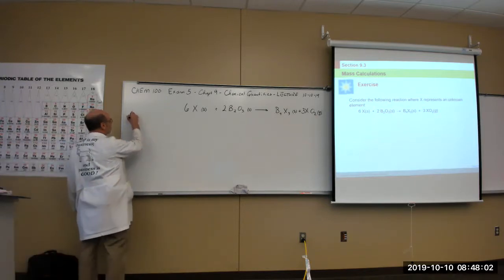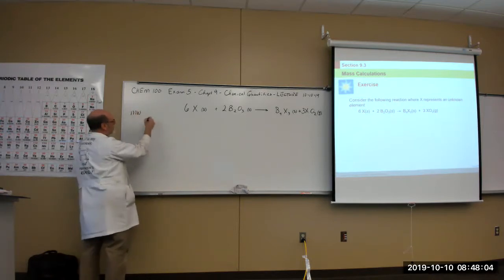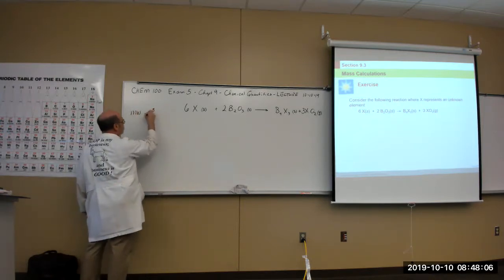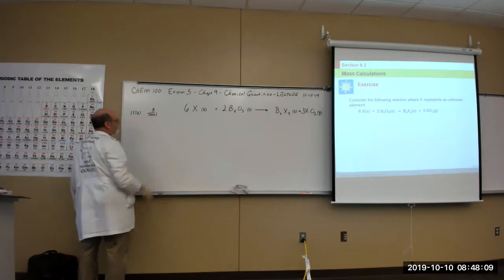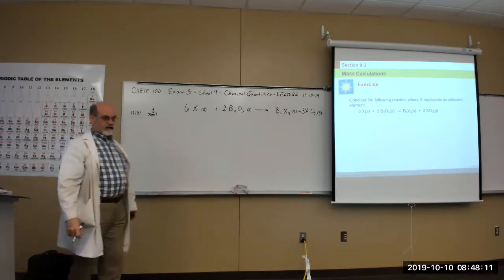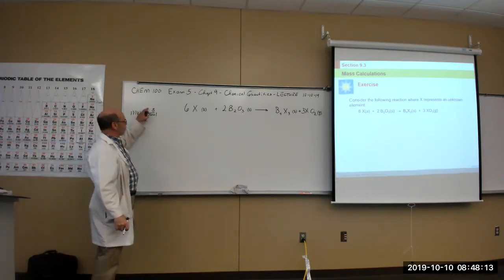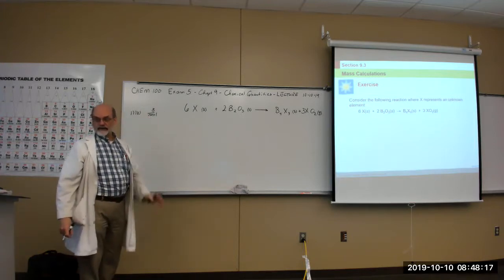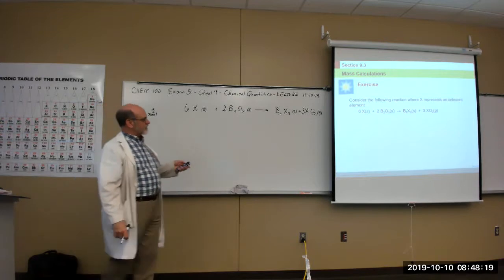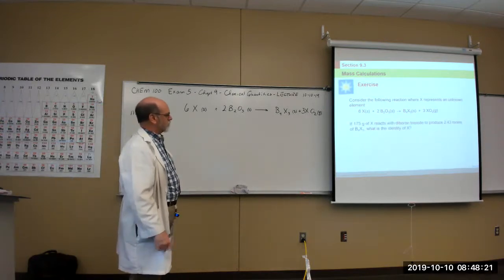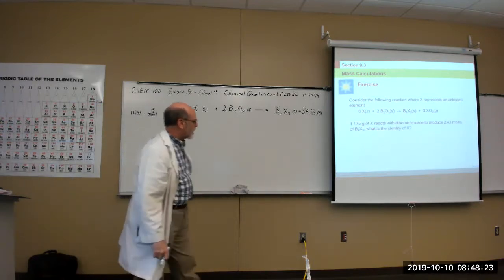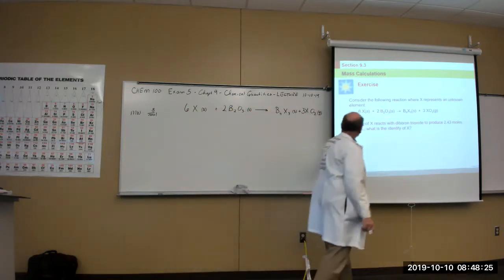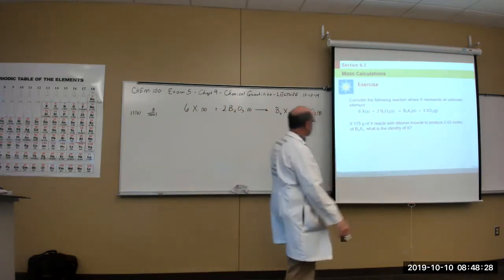Remember, molar mass, which I abbreviate molecular weight, is in terms of grams per mole, right? So if we know the mass of X and how many moles there are, we can find out what its molar mass is. So let's see, is it going to give us some more information? Yes. That's 175.